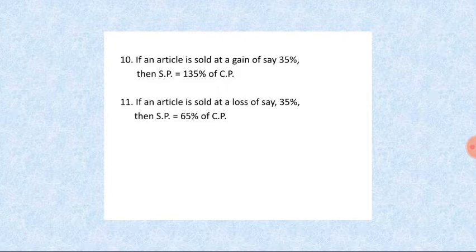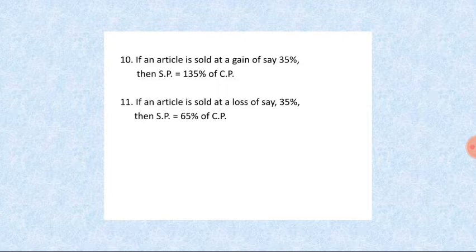If an article is sold at a gain of say 35%, then SP is 100 plus 35, that is 135% of the cost price. Do you understand?